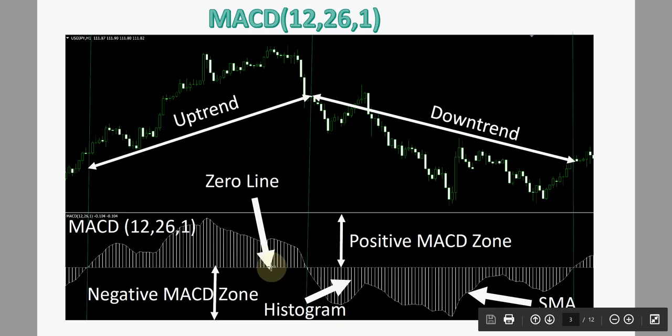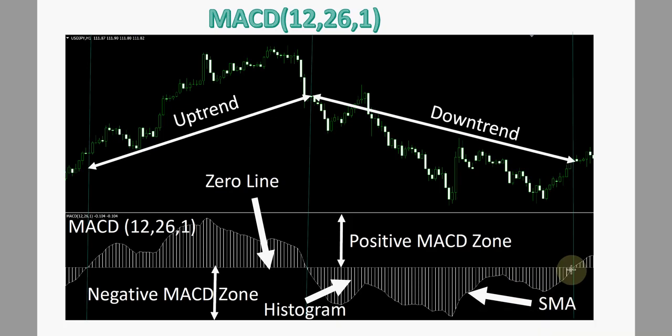Above the zero line is an uptrend, which is the positive zone. Below the zero line it is a downtrend, which is the negative zone. Notice that the SMA here is just along the histogram. The reason is because our setting for that SMA is 1.